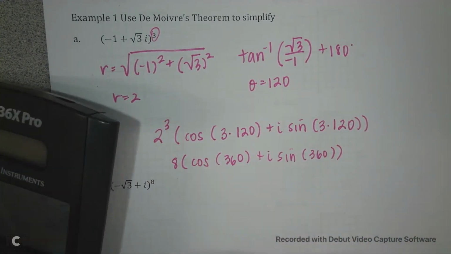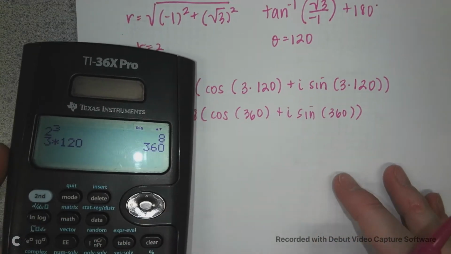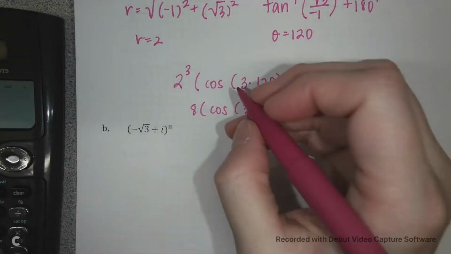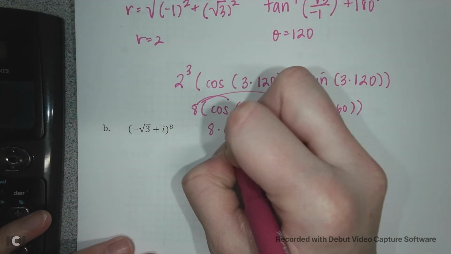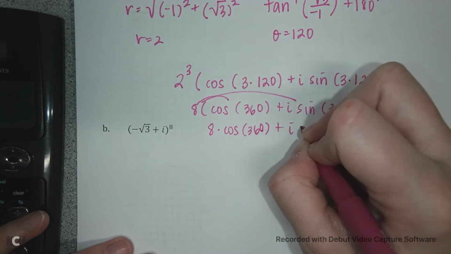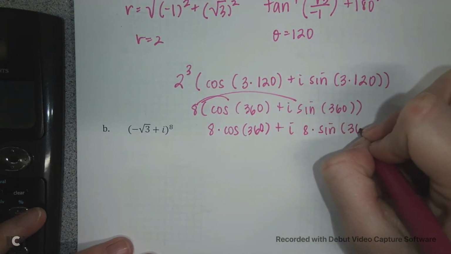Now we're going to actually do this because we want our complex number. What we're going to do is distribute that 8 through, just like we did before. So we do 8 times cosine of 360, and then 8 times sine of 360.